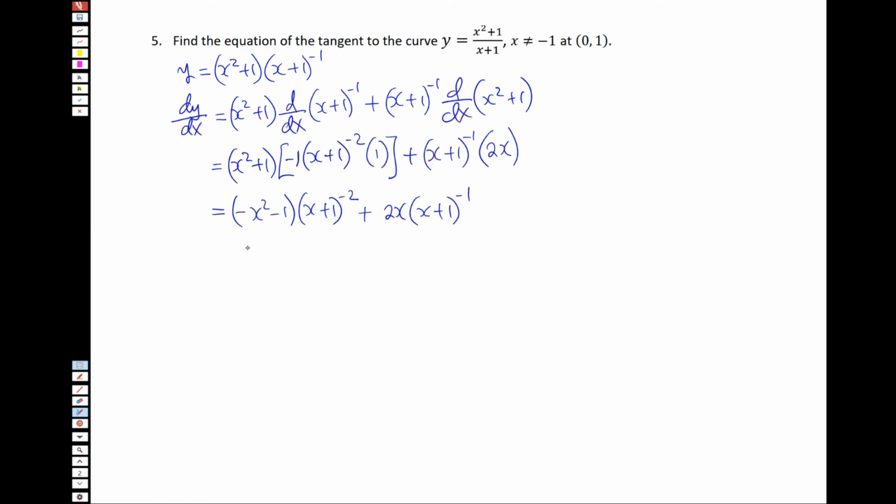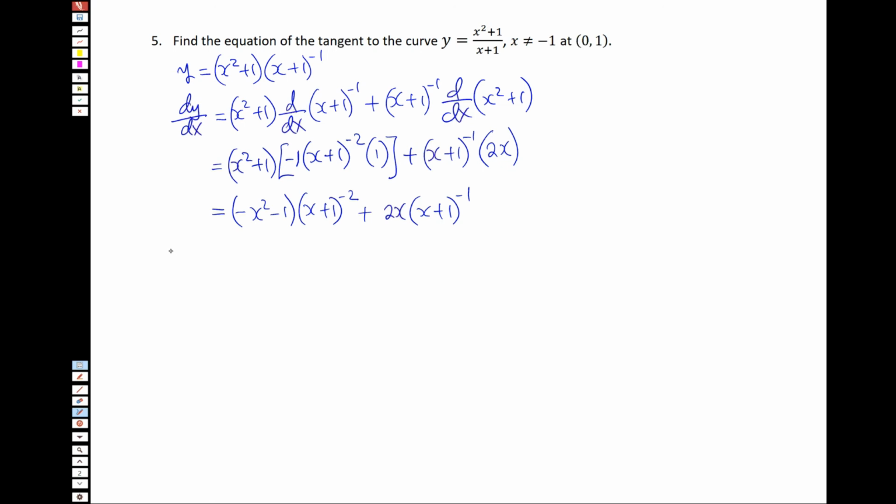And that will be the resulting expression. So basically, what we want to find here is the gradient of the tangent at x equals 0.